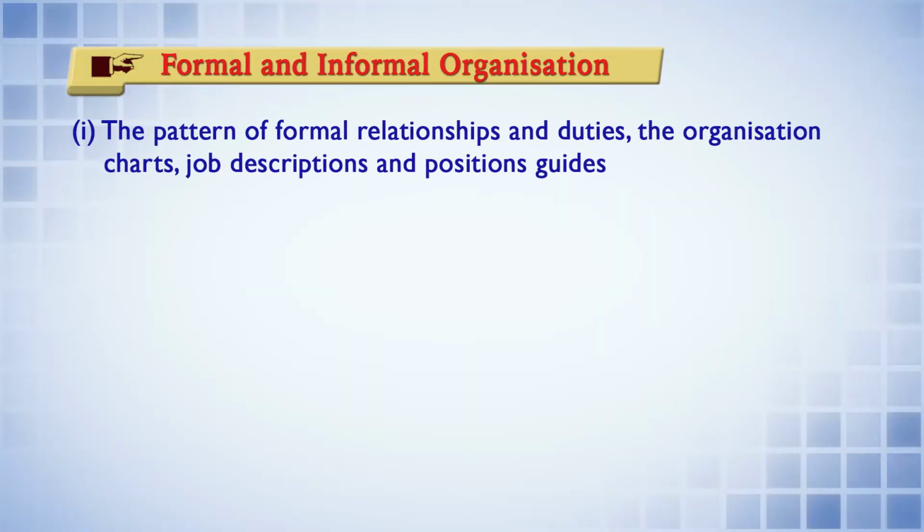That means the pattern of relationship is such that the people working in a particular unit, section, group, department or division all make their effort for the achievement of the goals of the enterprise. It may be defined as the pattern of formal relationships and duties, the organization charts, job descriptions and position guides.